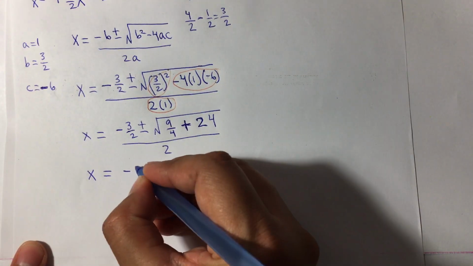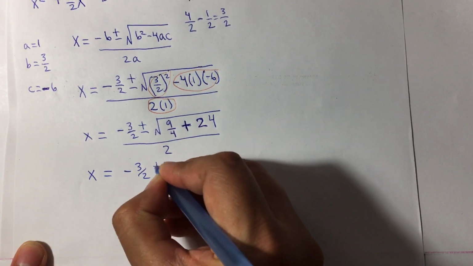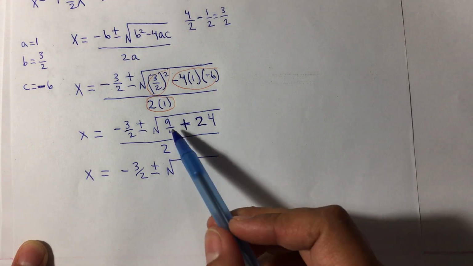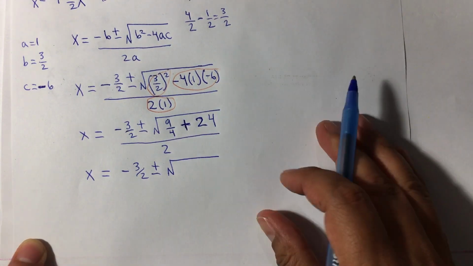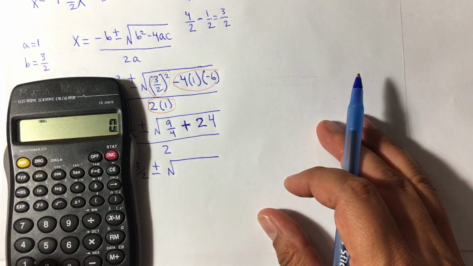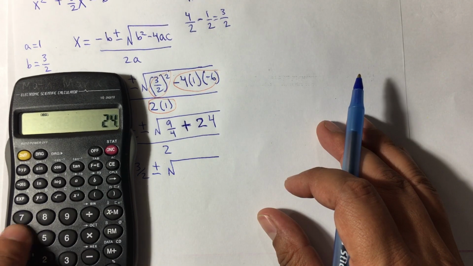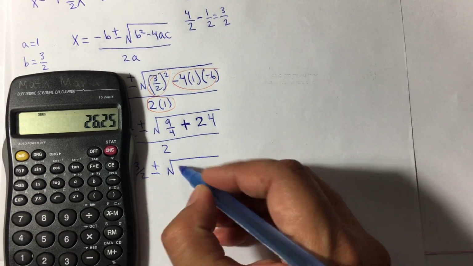And we keep it as -3/2 plus or minus the square root of. And in here, I recommend that you divide and then add to the 24 to make our lives easier. So 9 divided by 4 is equal to 2.25 plus 24 is 26.25.